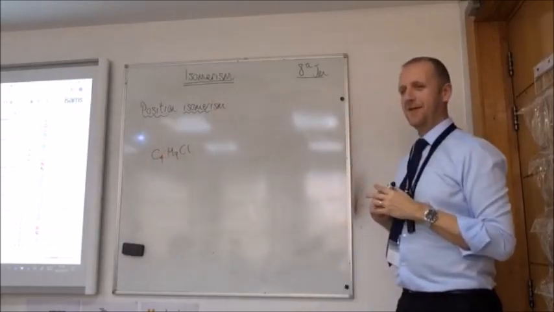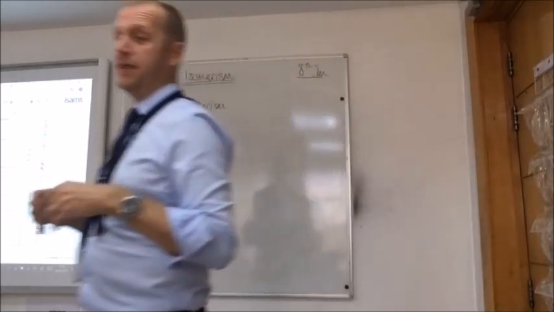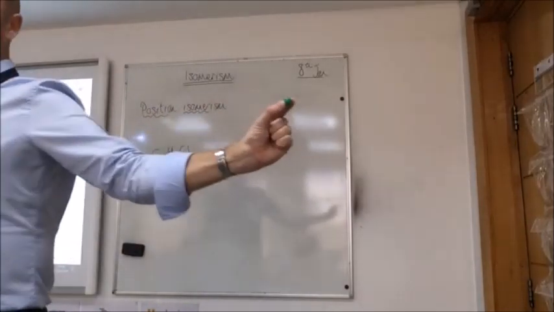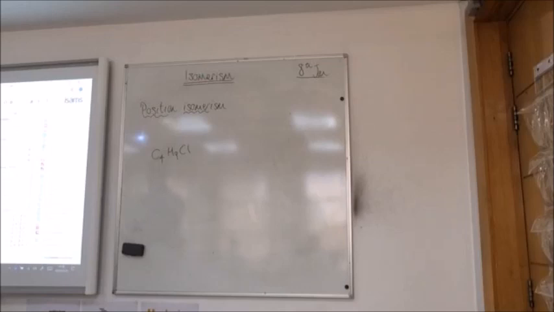C4H9Cl. Okay? You can use the chlorine is the little green ball like this. So you just need one of those substituted in for one of your hydrogens. What I want you to do with a chain of 4, and you can change the shape of the chain as well, is this: how many different versions of that can you make?